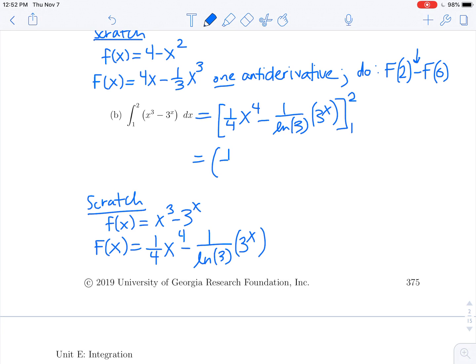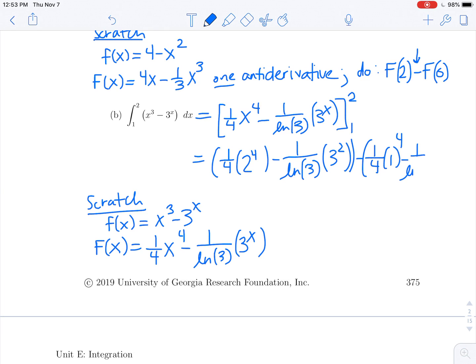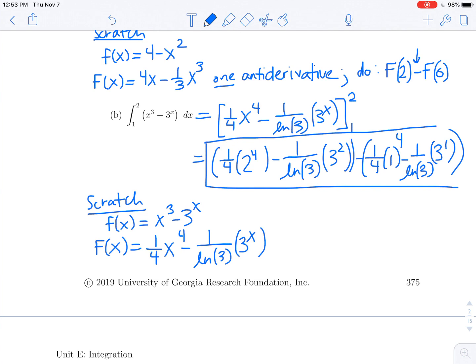Again, parentheses, 1/4 2 to the 4th minus 1 over ln of 3 times 3 squared, and then minus 1/4 times 1 to the 4th minus 1 over ln of 3 times 3 to the first power. And again, that's a perfectly acceptable final answer. So don't do more work than you have to in terms of what you simplify and what you don't. So that's part B.